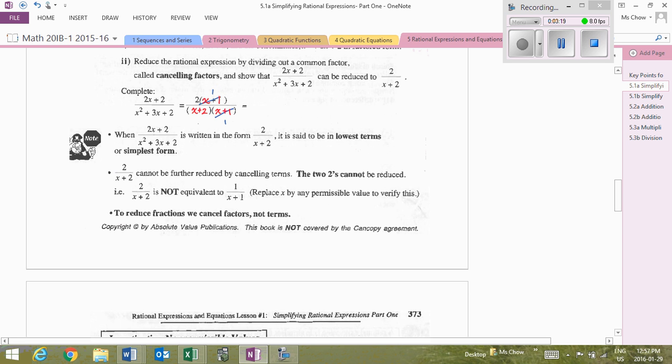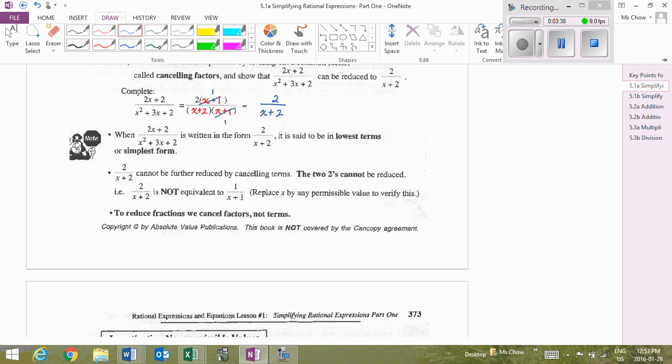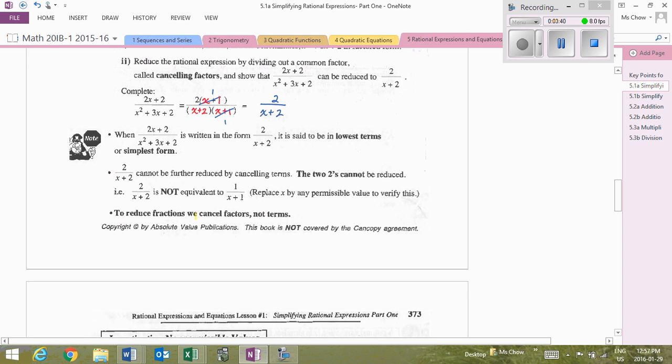And therefore we have 2 times 1 over (x + 2) times 1, or 2/(x + 2). You cannot cancel until they are factors. It says here, to reduce fractions, we cancel factors, not terms.